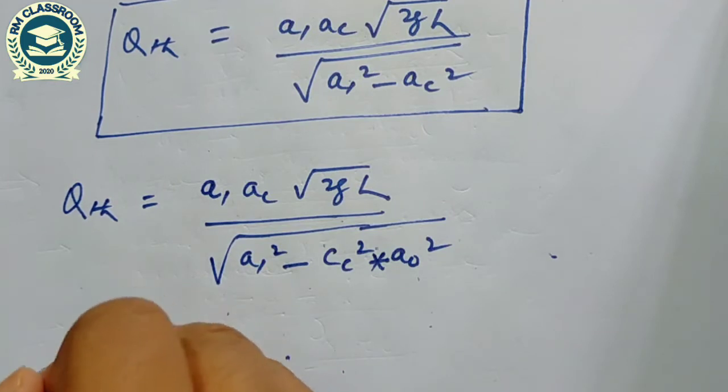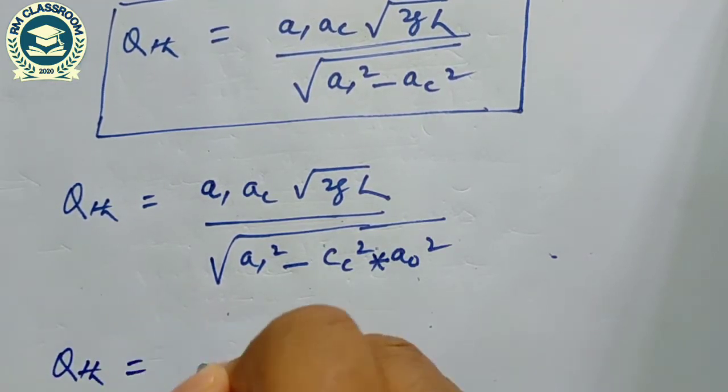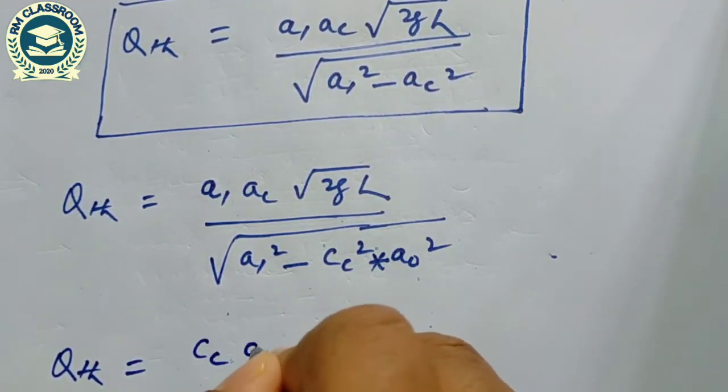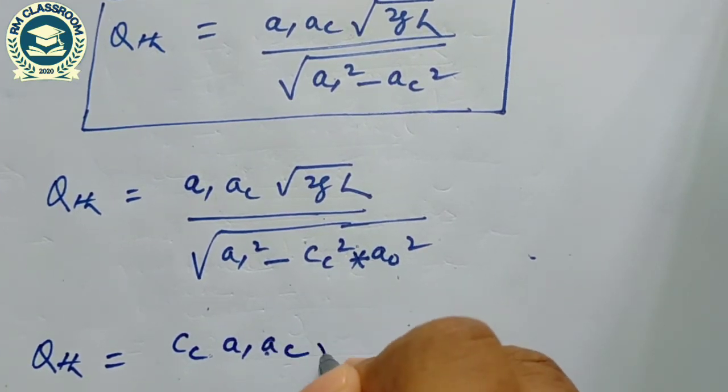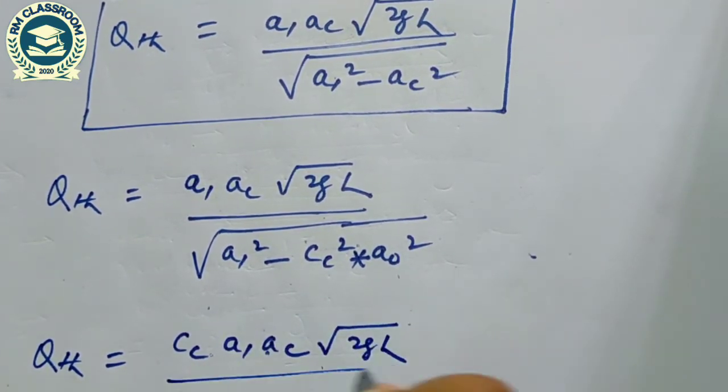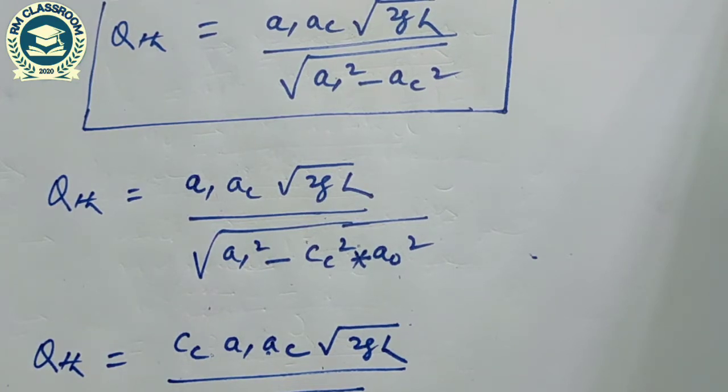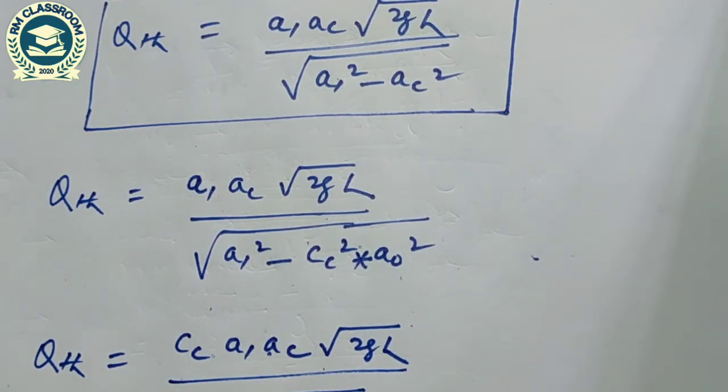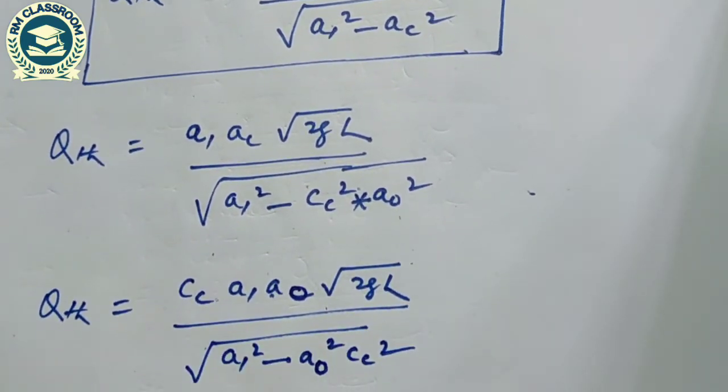Or we can write Q theoretical is equal to Cc into A1 into A naught square root of 2GH divided by square root of A1 square minus A naught square into Cc square.